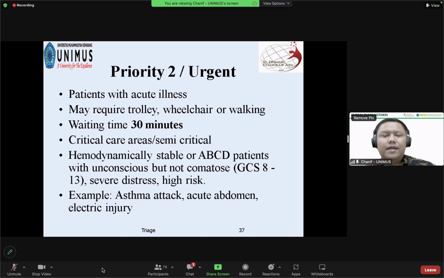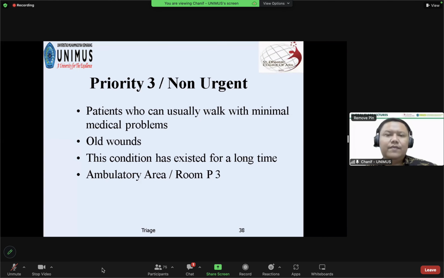And then examples are asthmatic, acute abdomen, electrical injury. Level 3 is a non-urgent patient who can usually walk with minimal medical problems, or whose condition has existed for a long time, in the ambulatory area.